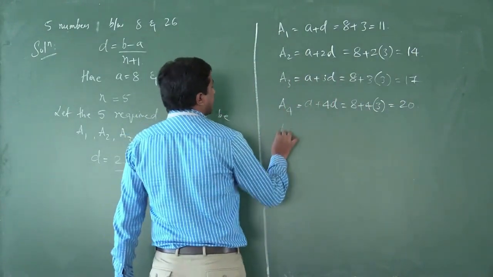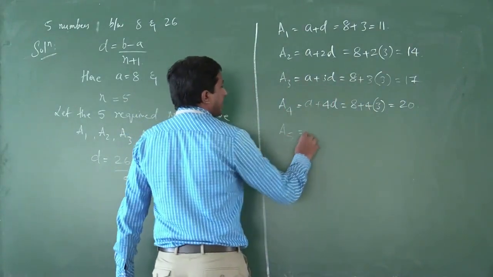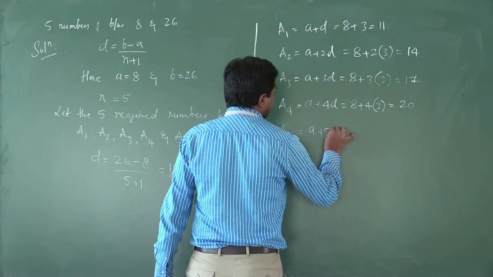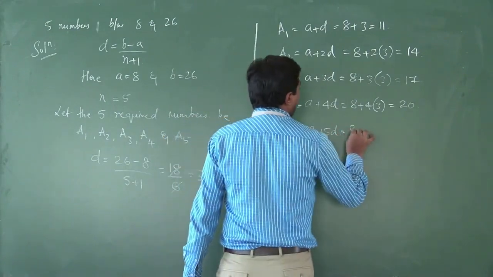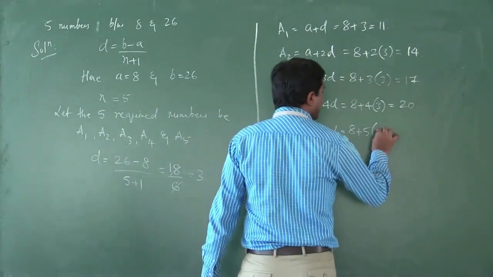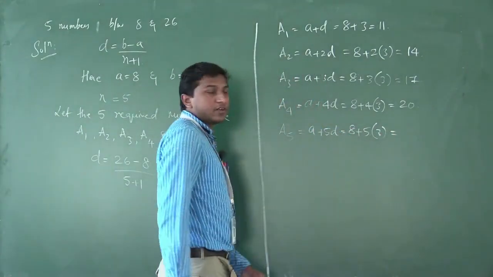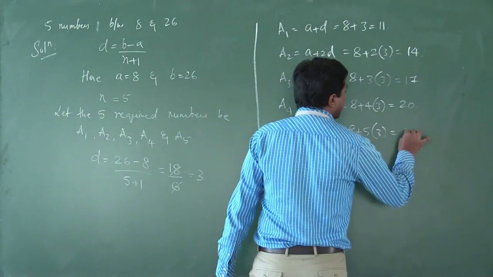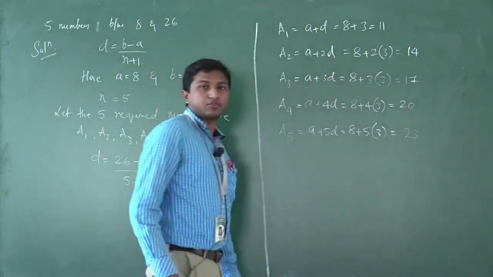And the last number, A5, is a plus 5d: 8 plus 5 into 3. 5 3s are 15, 15 plus 8, we get 23.